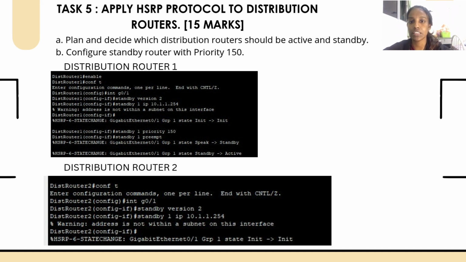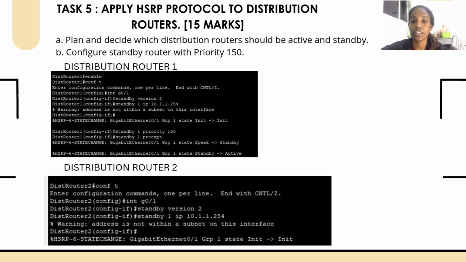This decision is implemented by setting a higher HSRP priority value on distribution router 1. We configure it with a priority of 150, while distribution router 2 is given the default HSRP priority of 100. The preempt command was also applied to both routers, allowing them to reclaim the role of active router if their priority is higher and they come back online after a failure.